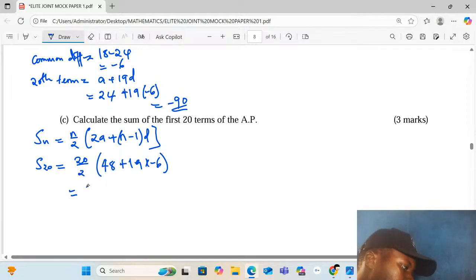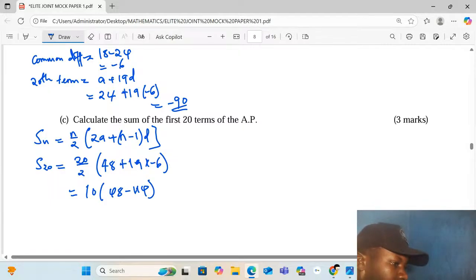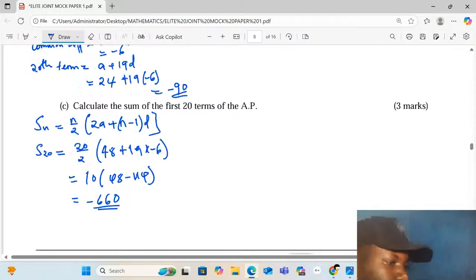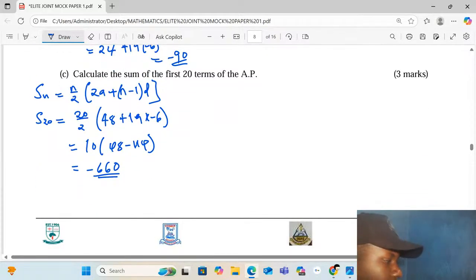So 10 into 48 minus 114. So 48 minus 114, you get negative 66. So times 10, you get negative 660. So this is now your sum of the first 20 terms of the AP. And with that, you scoop your 10 good marks.